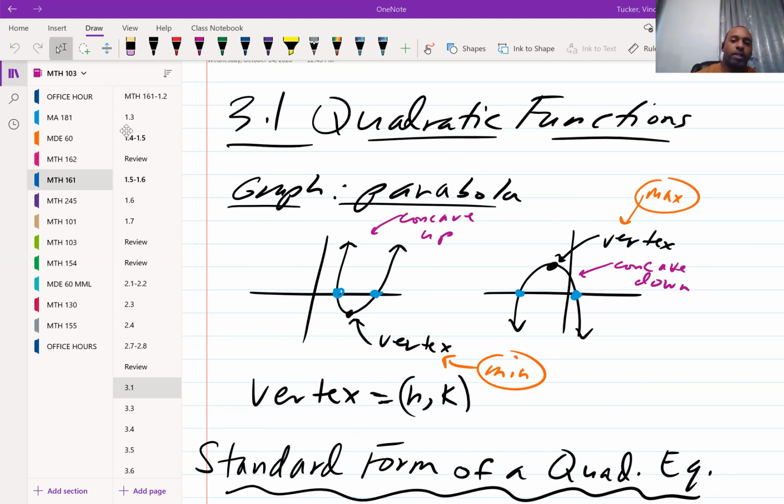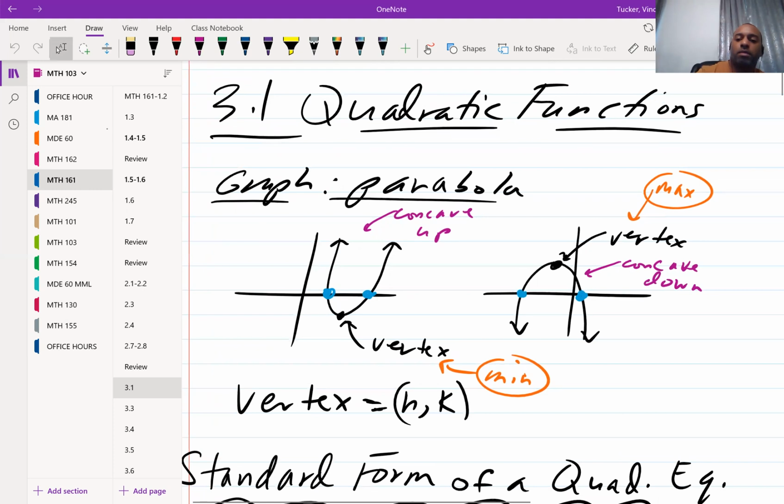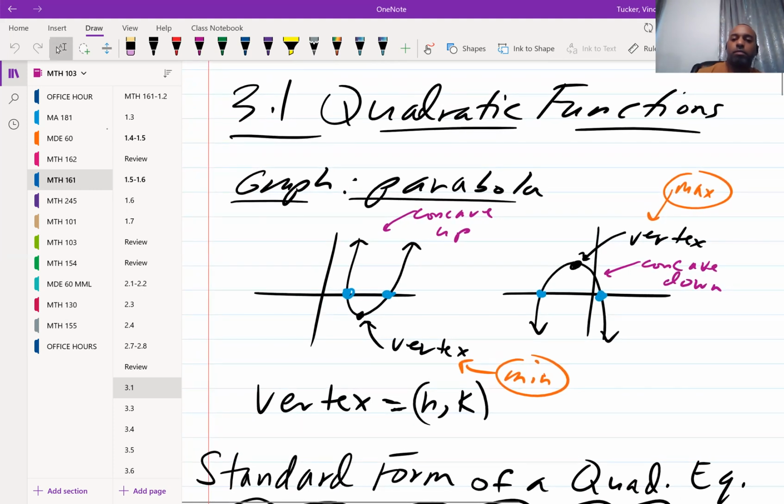When it's right side up, it's called concave up. When it's upside down, that's considered concave down. When your parabola is concave up, the lowest point on it would be the vertex. That's your minimum. When it's concave down, the highest point would be your vertex, and that would be considered your maximum.